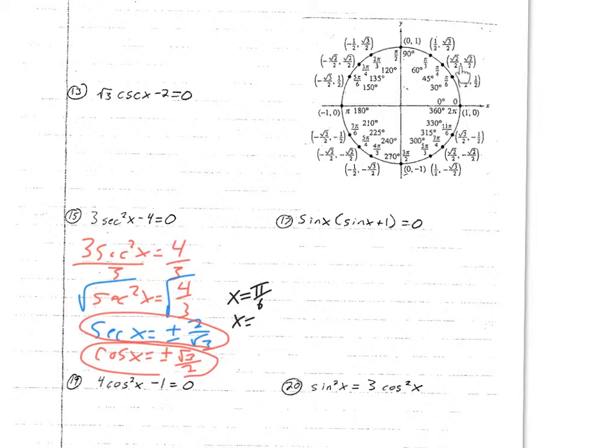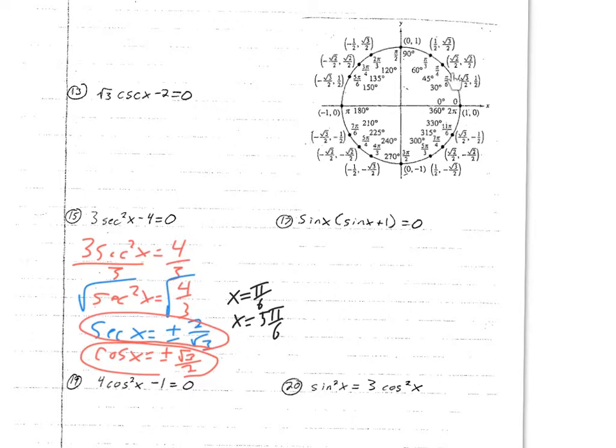My next answer was negative square root of 3 over 2 at 5 pi over 6. Continuing around this circle, next we are going to have negative square root of 3 over 2 at 7 pi over 6.